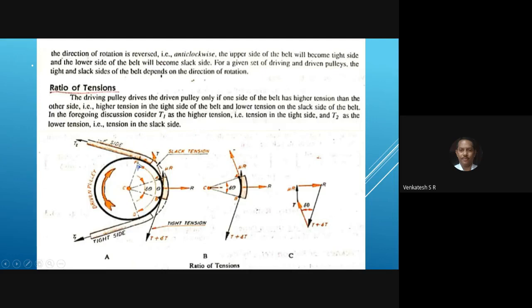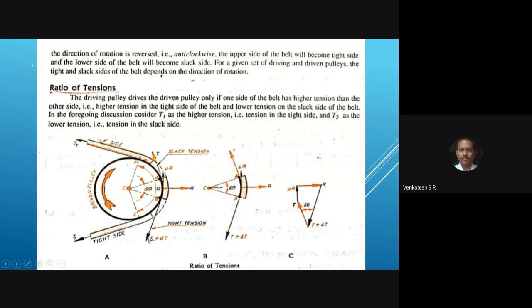All of you draw a circle and mention this is the driven pulley. So the belt goes like this. Draw a horizontal line from point C to this point, show the arrow mark. This is the resultant force.